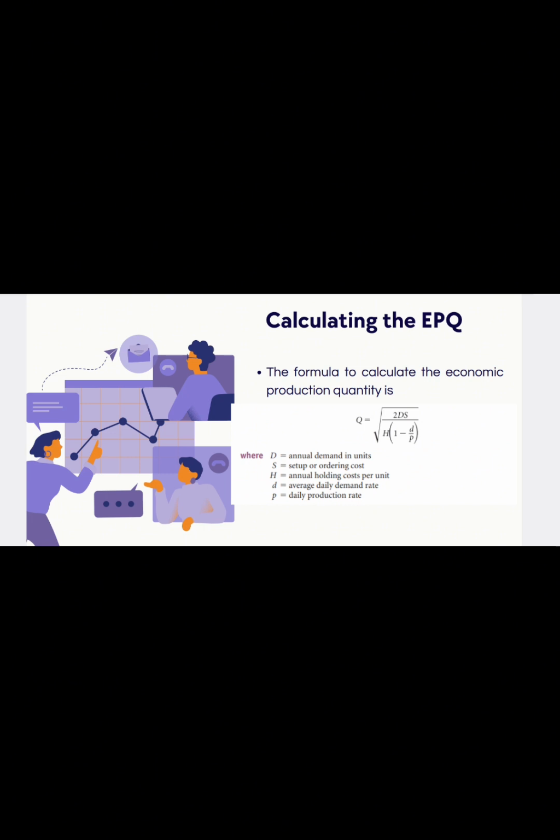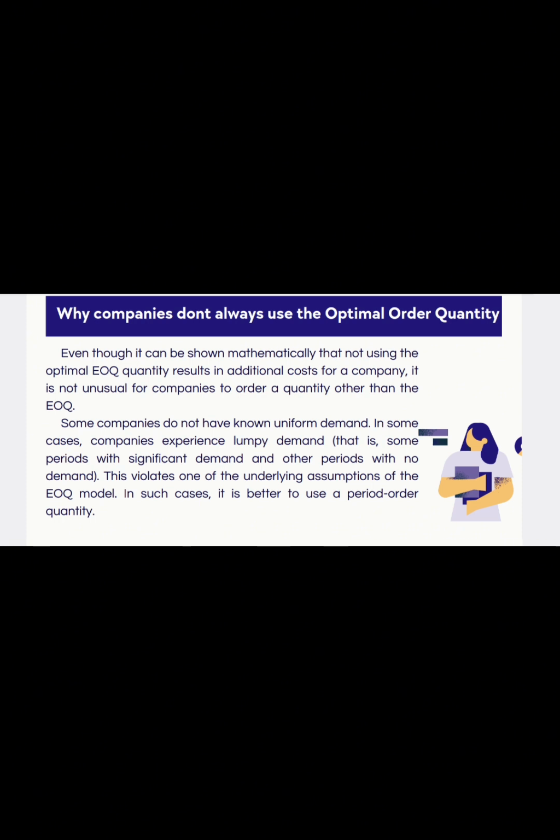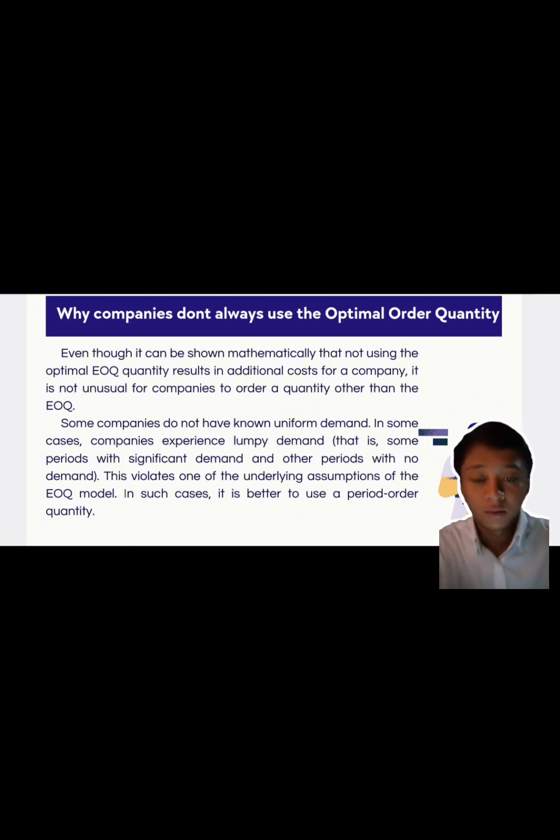Calculating the EPQ: the formula to calculate the economic production quantity is quantity equals the square root of annual demand in units times setup or ordering cost divided by the annual holding cost per unit times 1 minus the average daily demand rate over the daily production rate. Why don't companies always use the optimal order quantity?